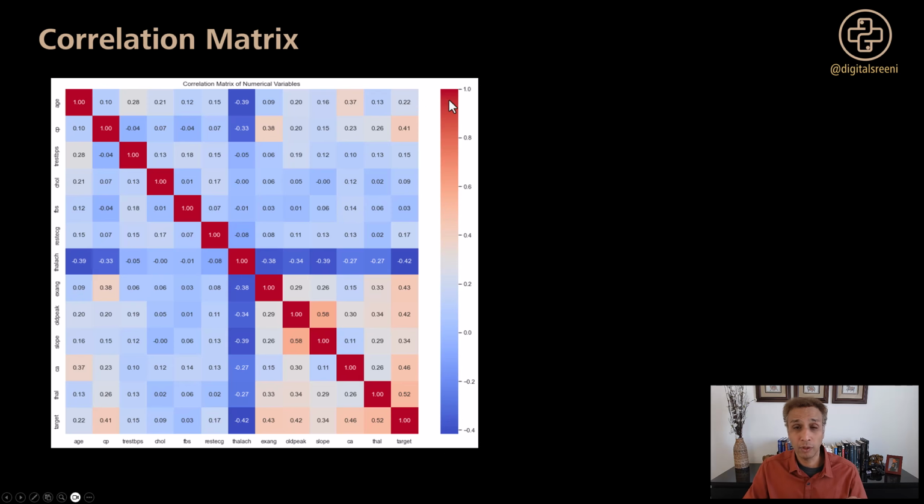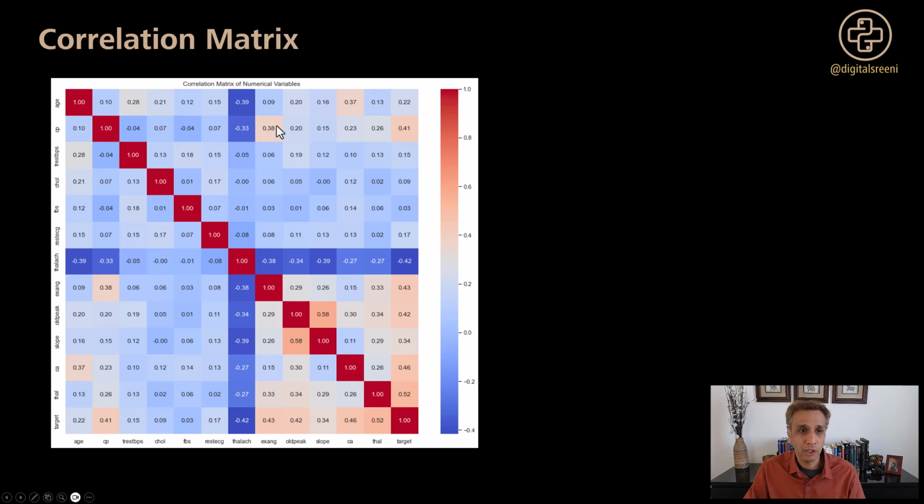Red is positive correlation, meaning of course this value is correlated to itself, which is why it shows a very strong positive correlation. If you look at this reddish area, 0.38, where CP is correlating with the EXANG parameter, it shows a 0.38 positive correlation, meaning whenever this goes up, the other one goes up by that much, on average.